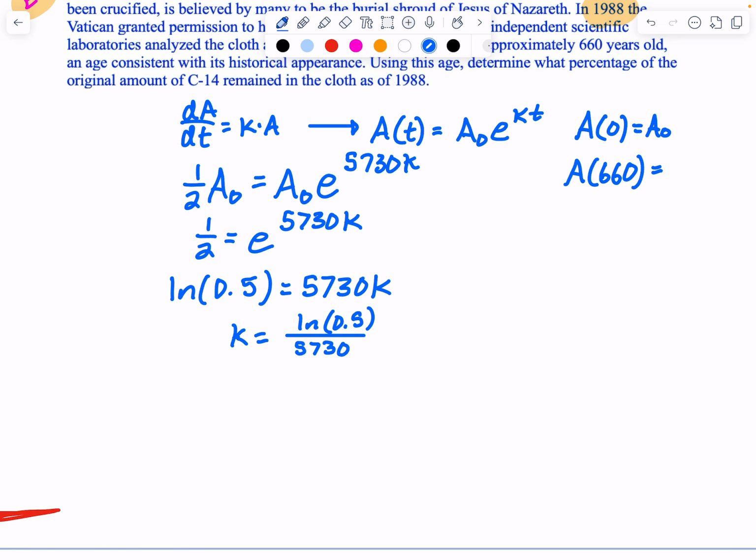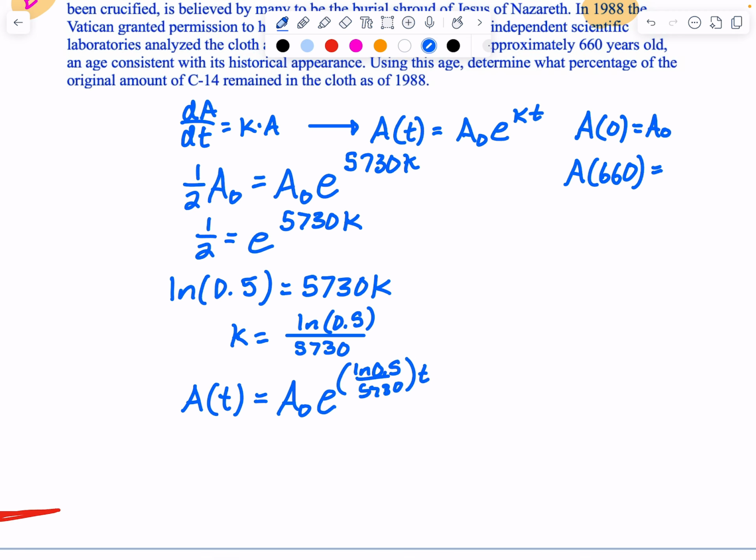So this tells me A of t is equal to whatever the original population is. Right, and then I got e to the ln 0.5 over 5730 t.